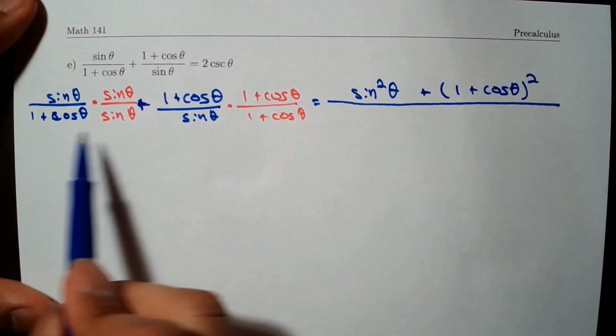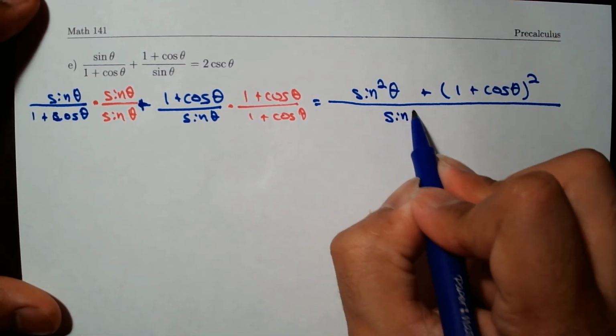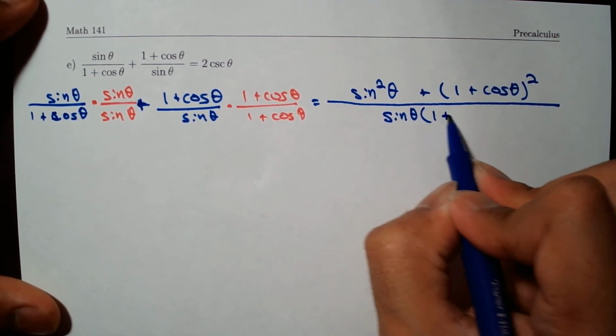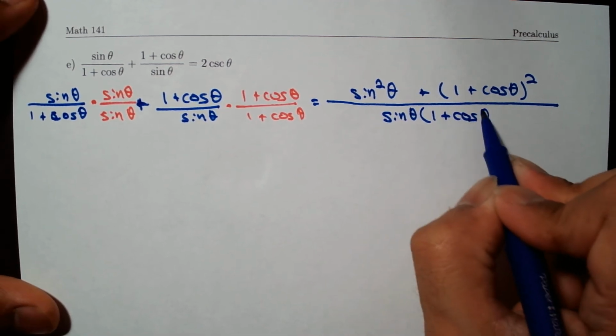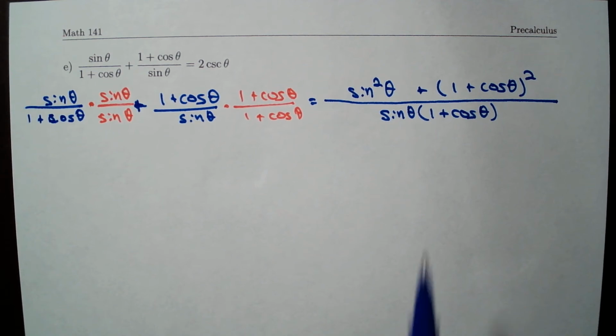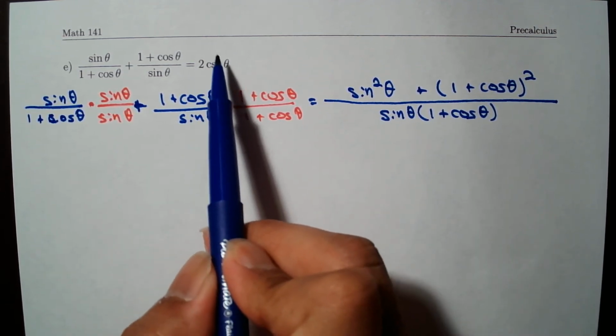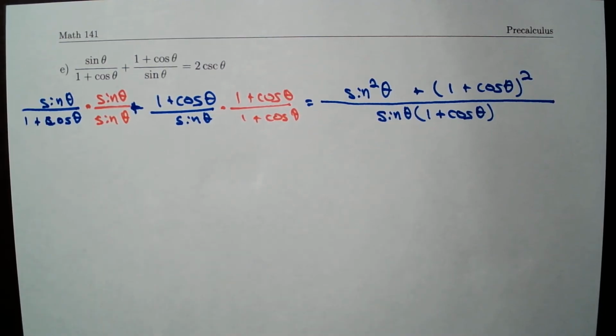And in the denominator, we are going to have sine times 1 plus cosine. So somehow this humongous mess has to look like simply 2 cosecant theta. How is that going to look? Is it going to happen? Of course. Yes, it's going to take a while for this one.